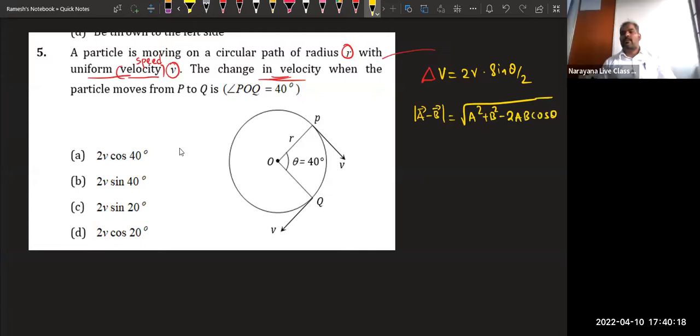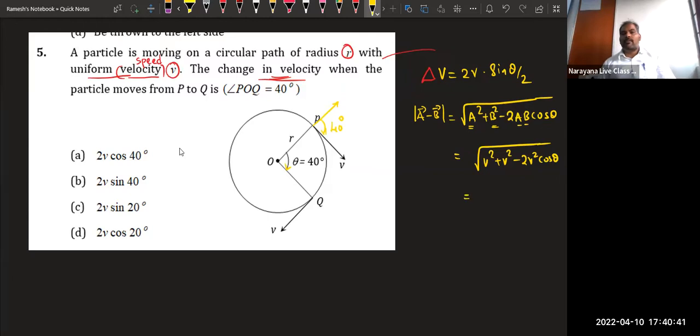The value of a is v, b is v. If you substitute, what do you get? v square plus v square minus 2 into v square cosine of theta. Angular displacement is theta, which means the angle between the initial velocity and final velocity is also 40, no?